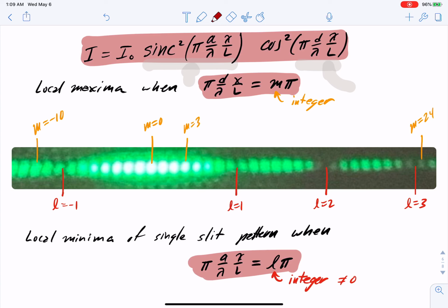So the minimums here are these places where the intensity drops. The one exception is that the 0 pi isn't a minimum. Again, the sinc goes to 1 at that point, so we can't have the integer 0.